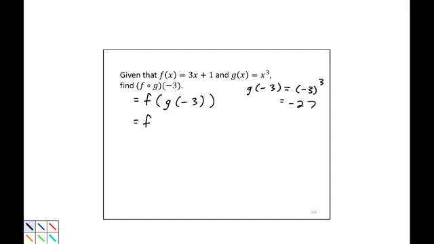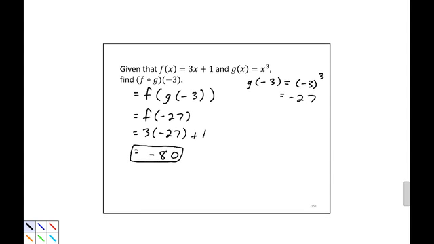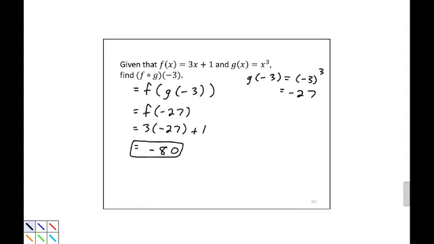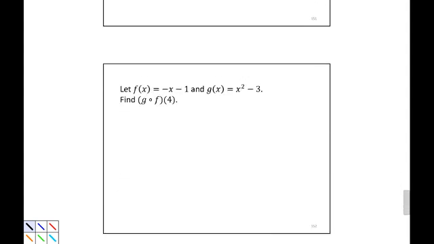This in turn becomes f of negative 27. Now let's evaluate that in 3x plus 1. 3 times negative 27 plus 1. 3 times negative 27 is negative 81, plus 1 is negative 80. Always appeal to the definitions as you're working with these. Makes things a little more straightforward.